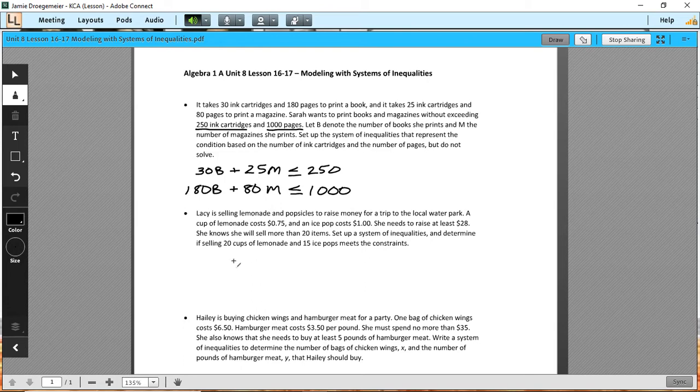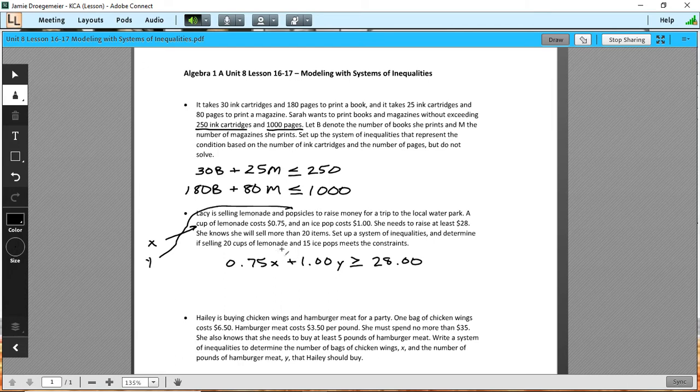Let's think in terms of money here. X is going to be our lemonade, and Y is going to be the popsicles. She earns 75 cents for each lemonade and $1 for each popsicle, and she needs to raise at least $28, so she wants that to be equal to or greater than $28.